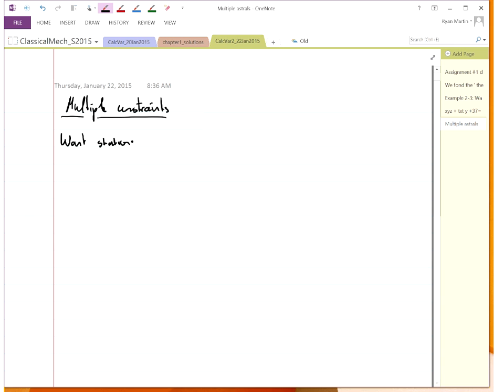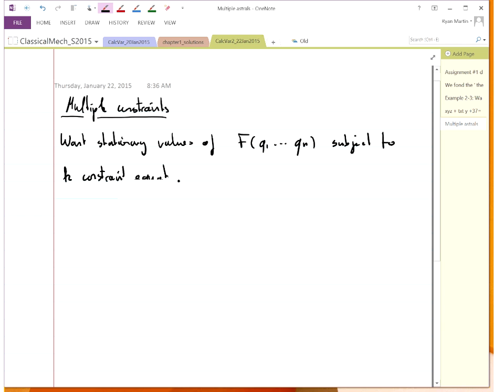So we still want to find stationary values of a function capital F that depends on n functions q, so q1 to qn, subject to, let's say, k constraint equations.